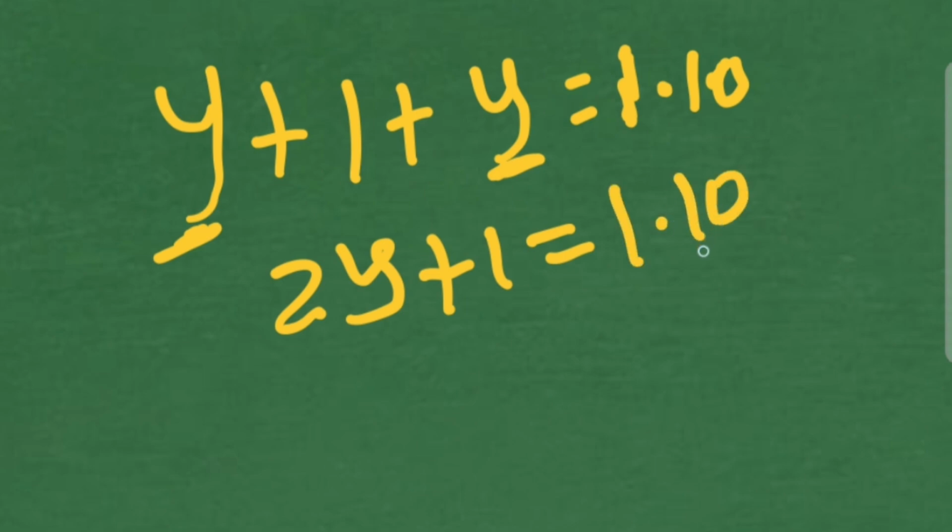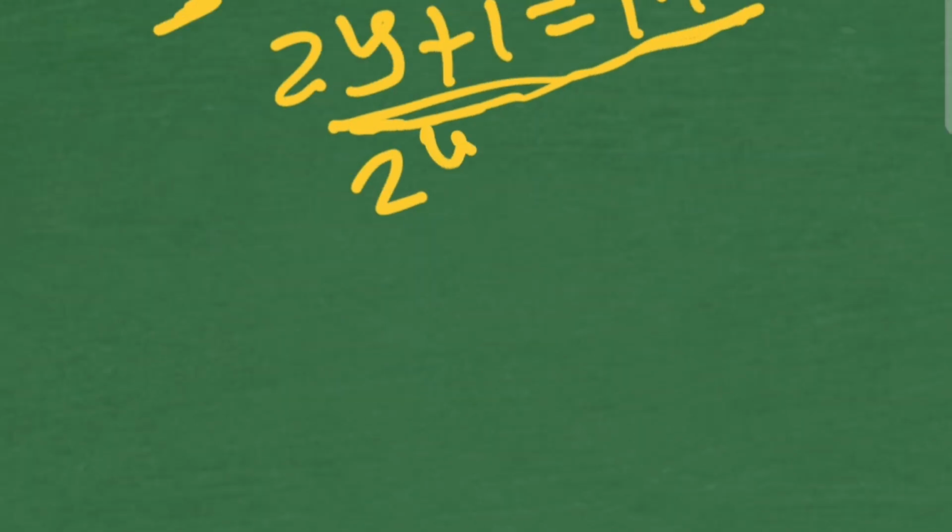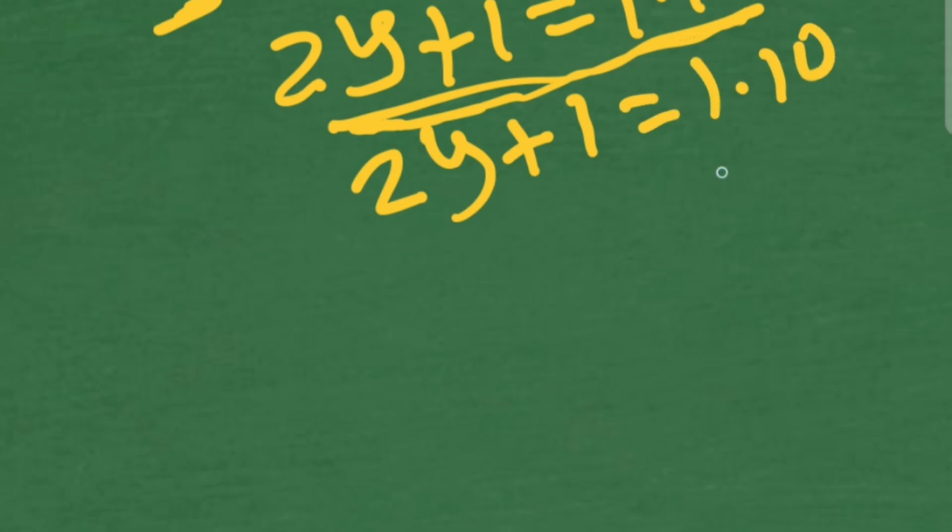We have got the third equation, which is simpler and a little bit closer to the answer. And now since we have 2Y and 1, and their sum is $1.10, how do we find the value of Y?